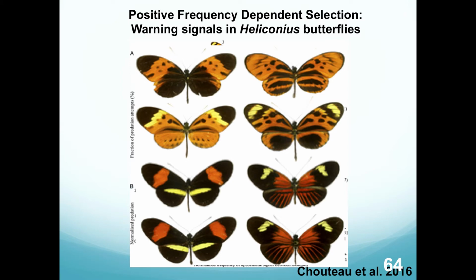And when you advertise that you are poisonous, it helps if other species mates are also advertising they're poisonous in exactly the same way, so that predators get the message that your particular morph is poisonous and they will learn to avoid your particular morph. So it helps to have more morphs that are similar to you in the population.